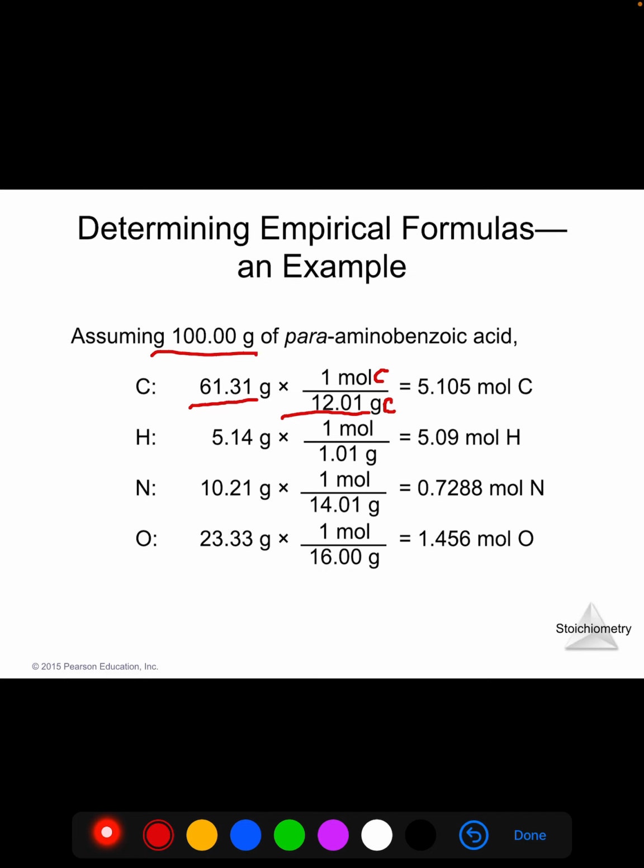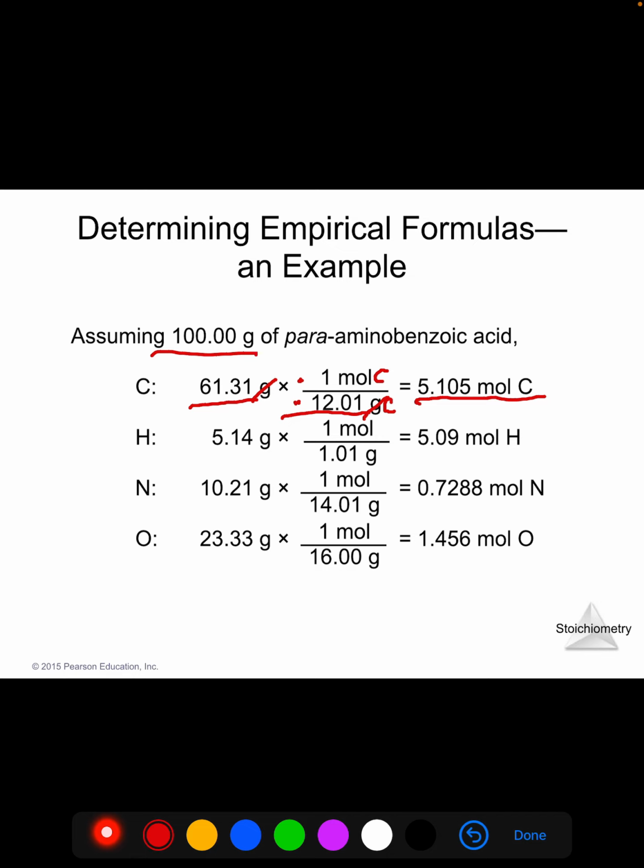But what I'm doing here is multiplying it by 1 over 1. 1 mole of carbon corresponds to 12.01 grams of carbon. So in this case, my grams of carbon cancel, and I'm left with moles of carbon.